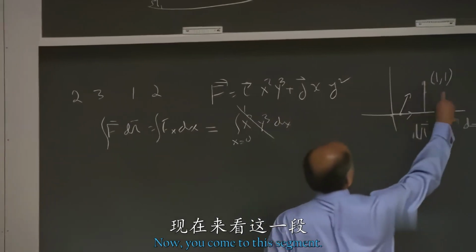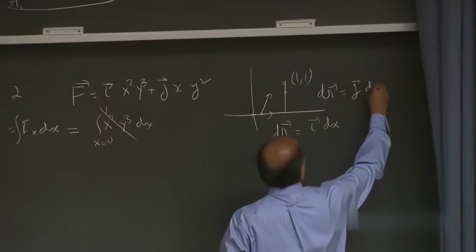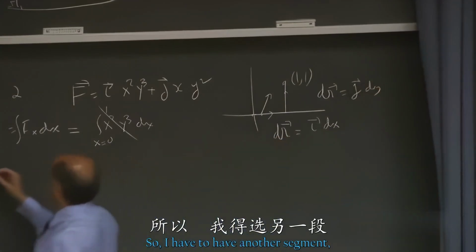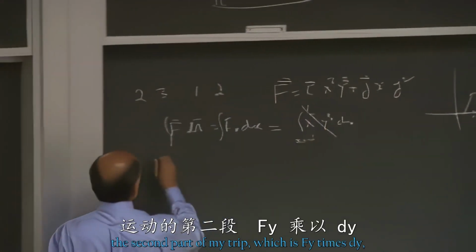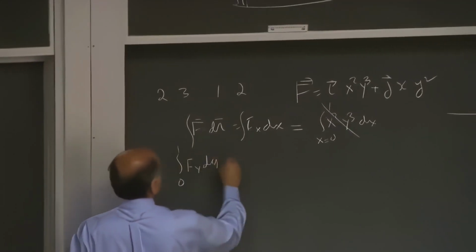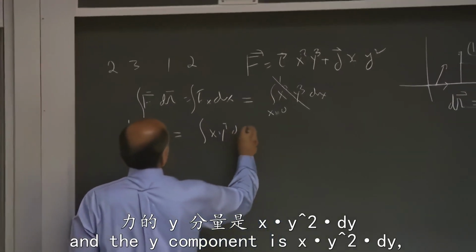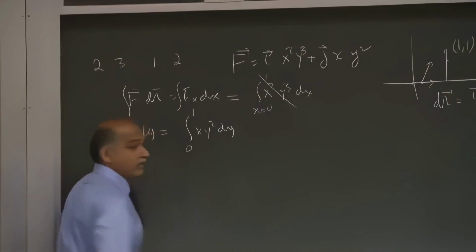Now, if you come to this segment, I think you all agree the distance traveled is j times dy. So I have to have another segment, the second part of my trip, which is fy times dy, and y goes from 0 to 1, and the y component is x y squared dy, where y goes from 0 to 1.